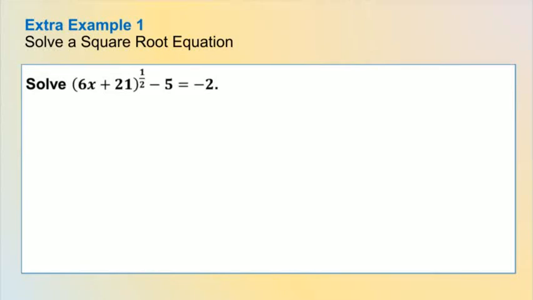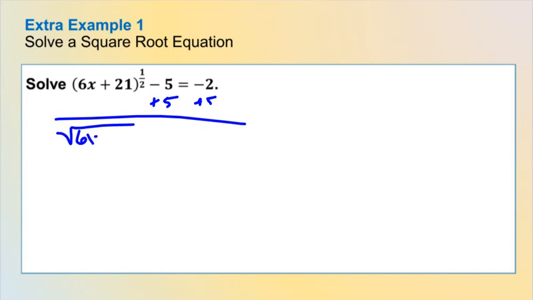Next, solve this one. You see a rational exponent. This means the same thing as a half. So I'm going to get that by itself. I'm going to add 5 to both sides. And now I'm going to rewrite this so it's a radical. So this would be the square root of 6x plus 21 equals 3.